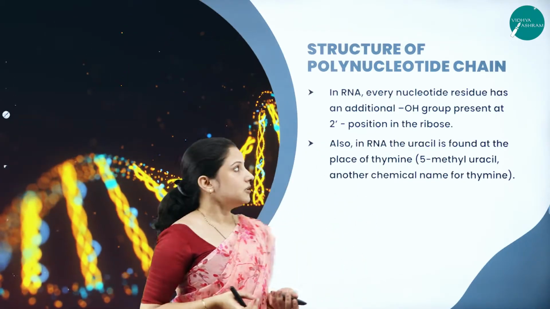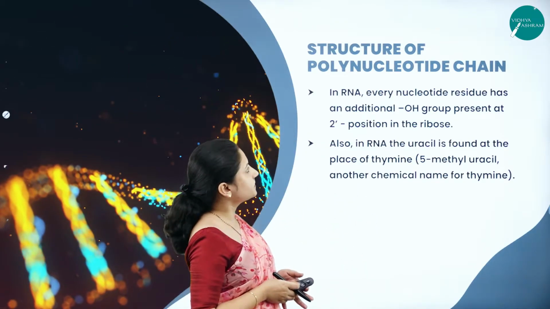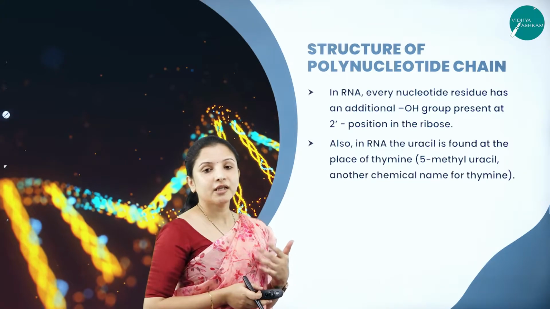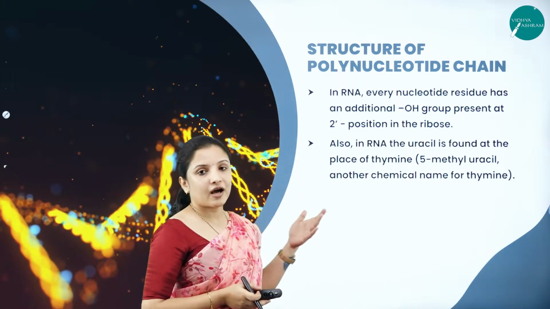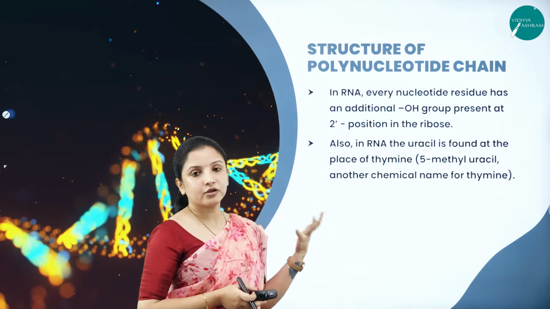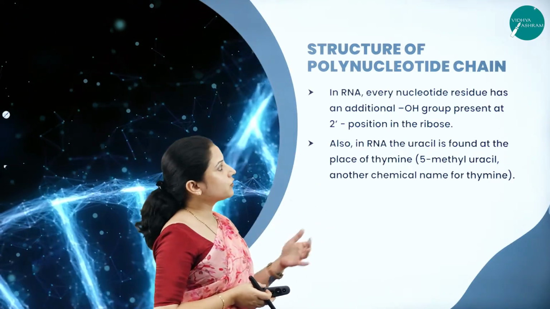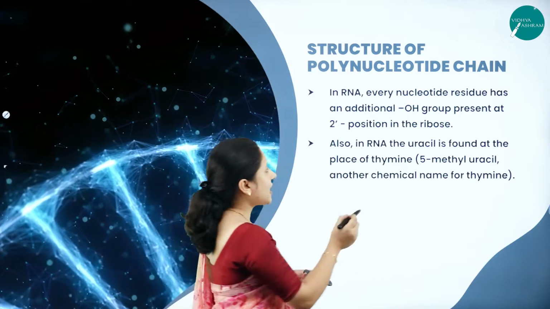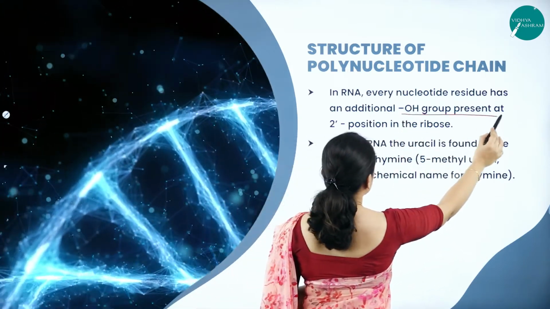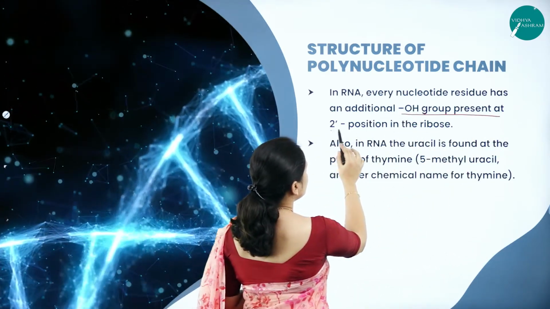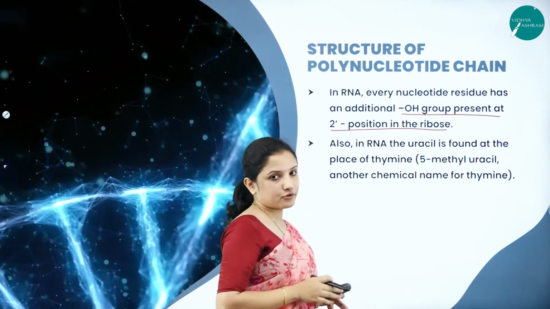Next, moving further, let us study the structure of the polynucleotide chain in the case of RNA. So far we had studied the structure of the polynucleotide chain in the case of DNA. In RNA, every nucleotide residue has a hydroxyl group present at the 2' position of the ribose sugar.